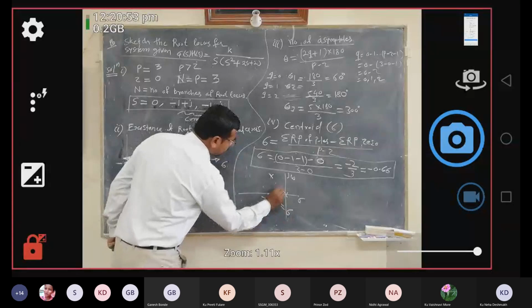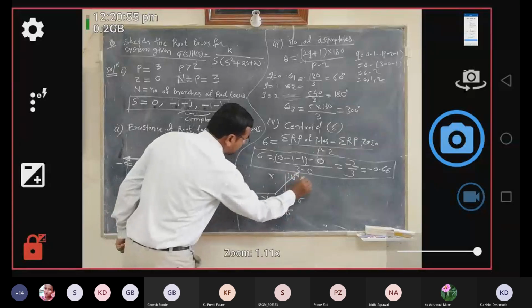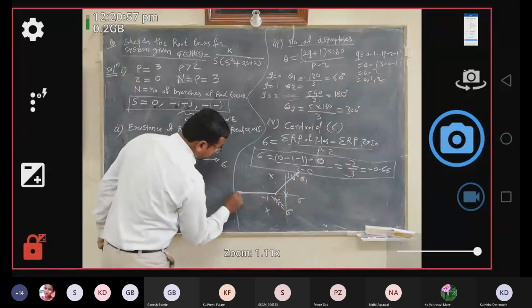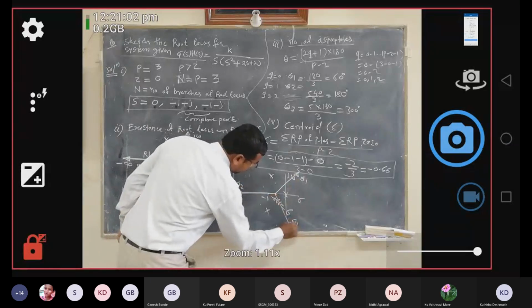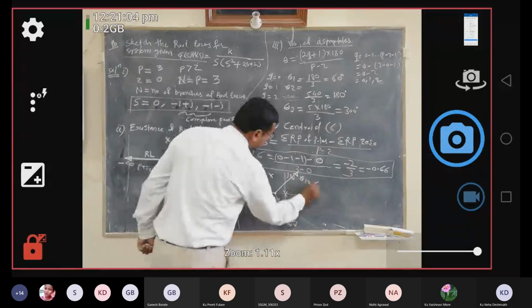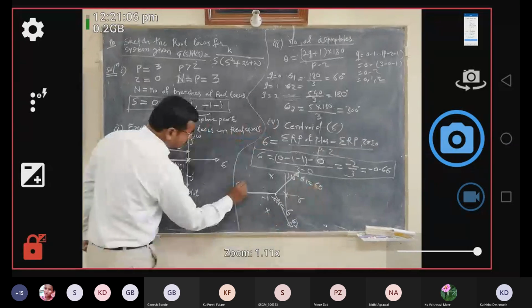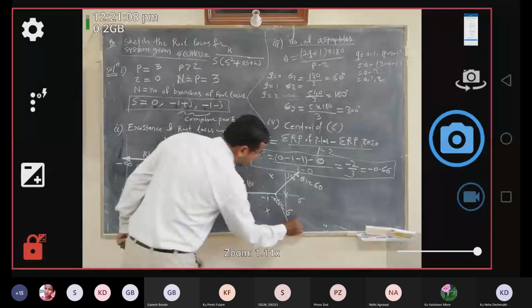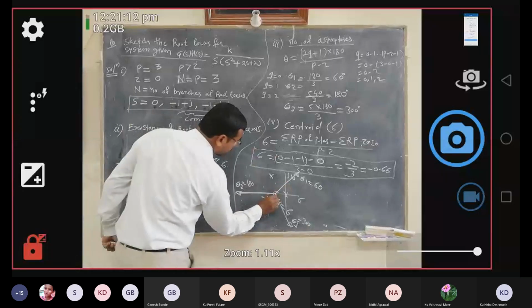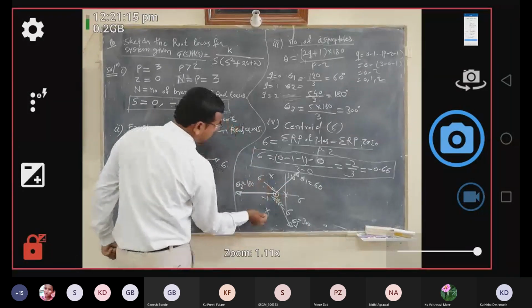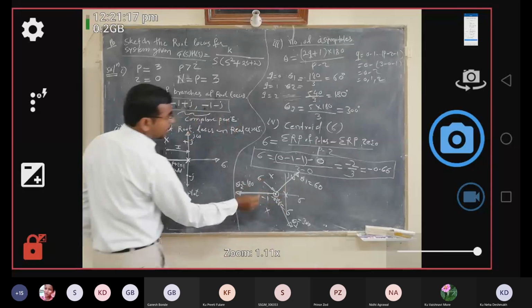So your first angle could be, here is theta1, this could be theta2, and this could be theta3. So theta1 is 60, theta2 is 180, and theta3 is 300. So this is the location of your centroid, that is sigma, and these are the angles of asymptotes.